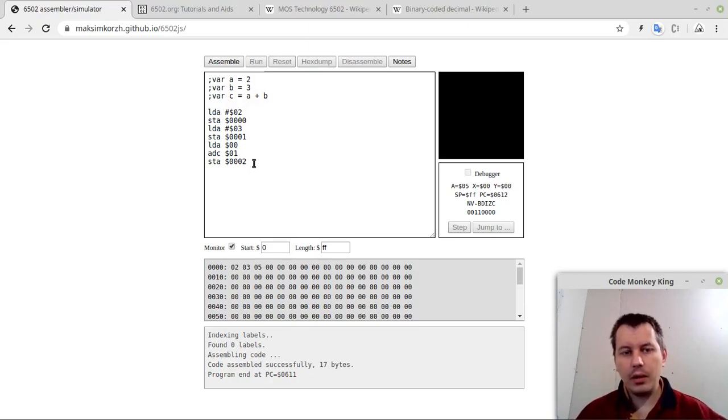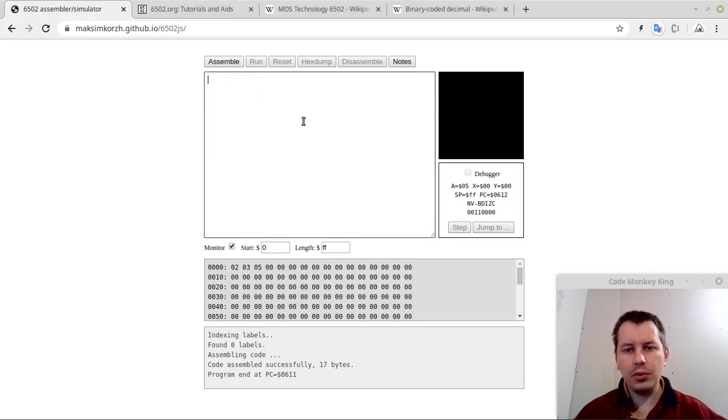Okay, so now let's have a look at the most basic instructions that you would most likely need in order to write something useful in 6502 assembly. We've already had a look at loading a value to A and storing the A register to memory, and just like this, we can also do the same with the X and the Y registers.